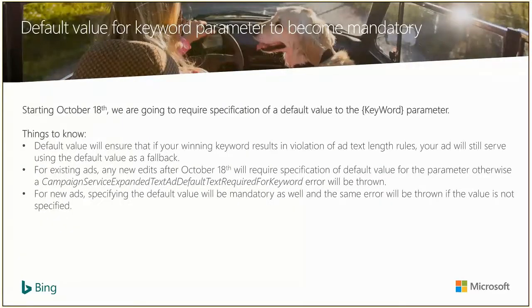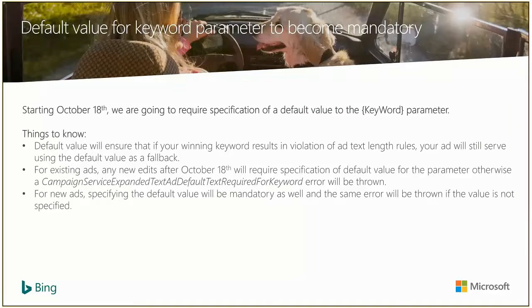And there is another update about the default value for keyword parameters. It will become mandatory. As you know, when you use a keyword parameter in your text ad, we replace that with the keyword that the searcher used. This makes your ads more relevant and more eye-catching, since we use the keyword that the user searched. So now we are making a default keyword mandatory.